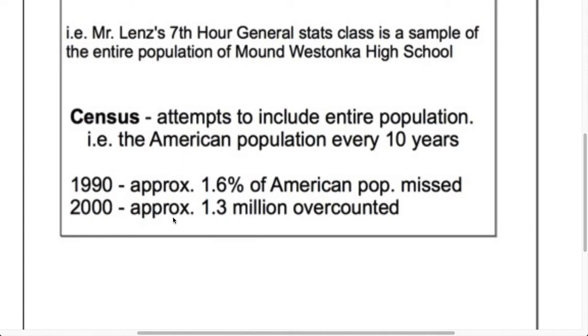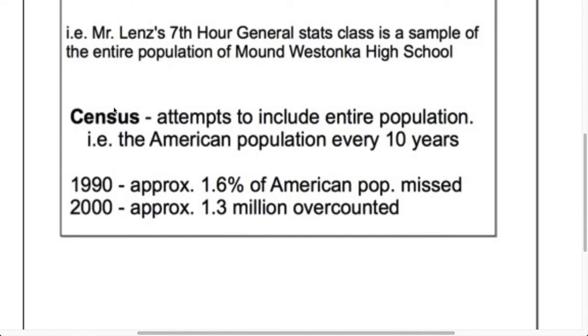And then in 2000, it was estimated that 1.3 million was overcounted, and that would be a mistake on the bureau's part where maybe they collected data from the same family twice, type of thing. Again, not perfect, almost impossible for it to be perfect, but we try. Okay, and that's a census.